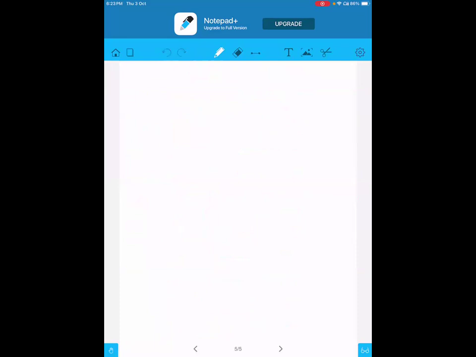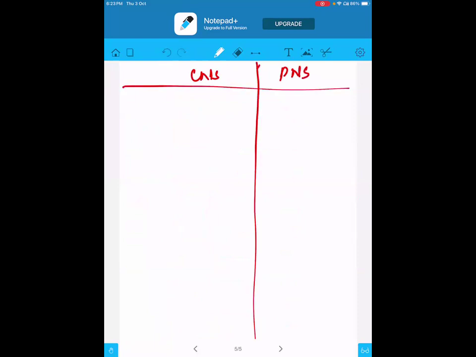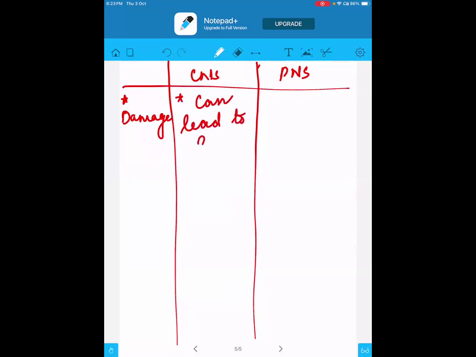Then the CNS and PNS, the last difference is about the damage. In the case of the CNS, the damage can lead to global damage. It means the whole body damage can be there because of this CNS damage.